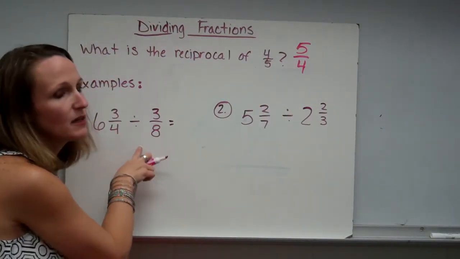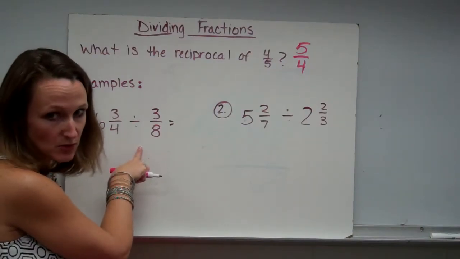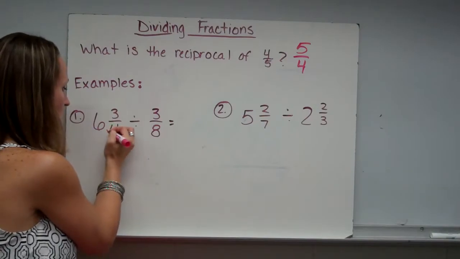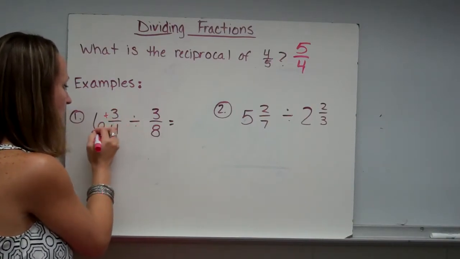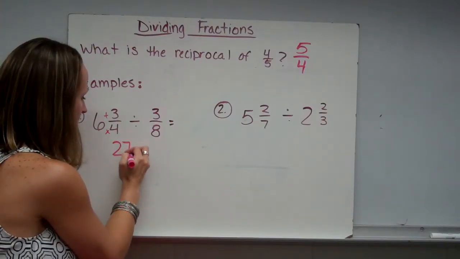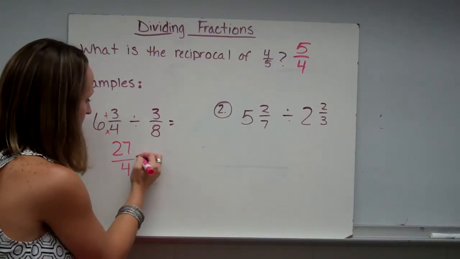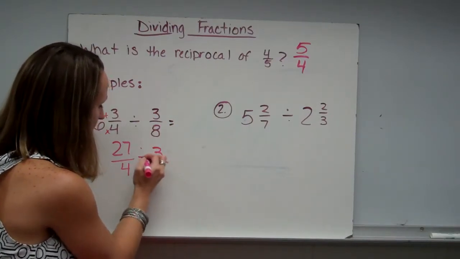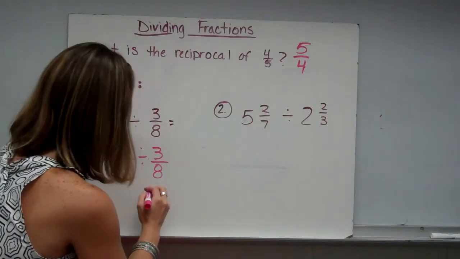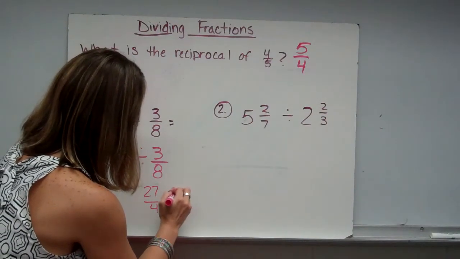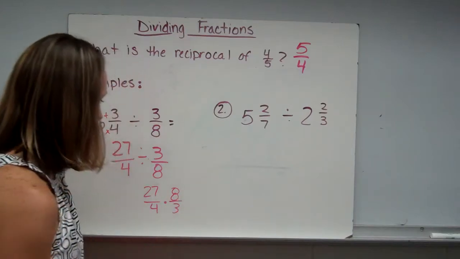Again, when dividing fractions, you're really multiplying, so no mixed number. So this 4 times 6 is 24, plus 3, 27/4, divided by 3/8. But I'm not really dividing, so I'm going to make this 27/4 times 8/3.